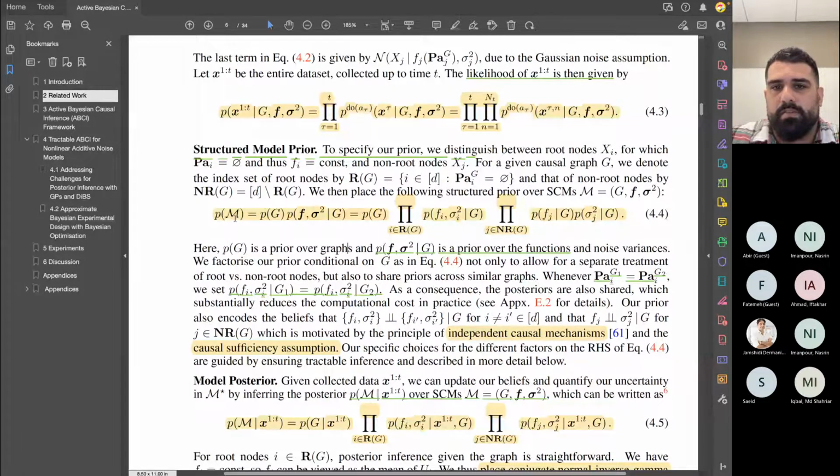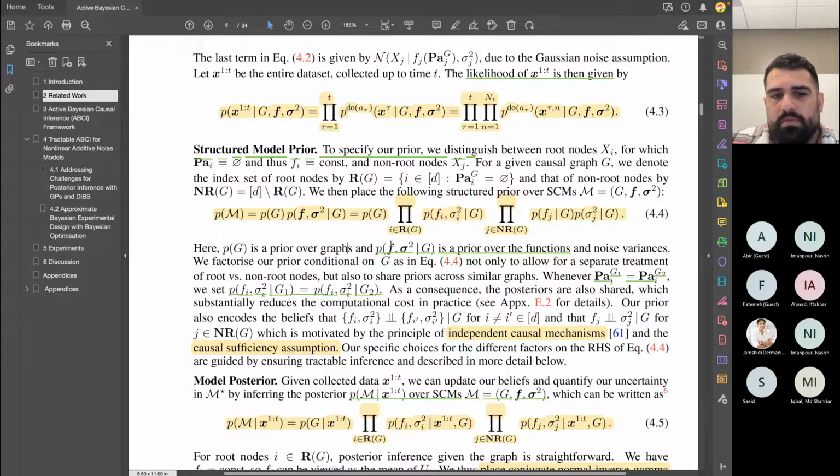They mention that to specify their prior, they distinguish between root nodes, for which there is no parent and the f_i function is constant, and non-root nodes, which they show as x sub j.